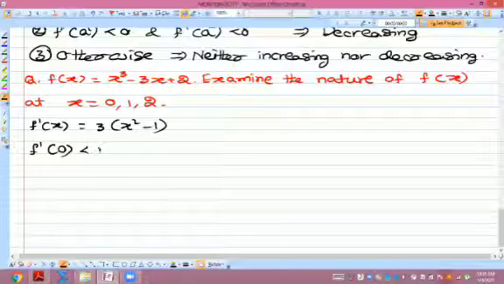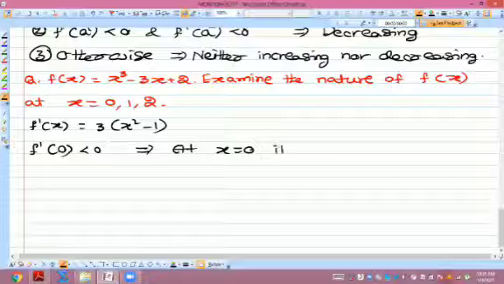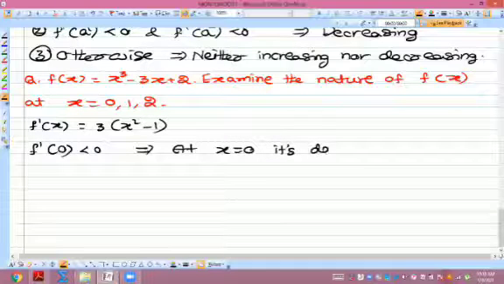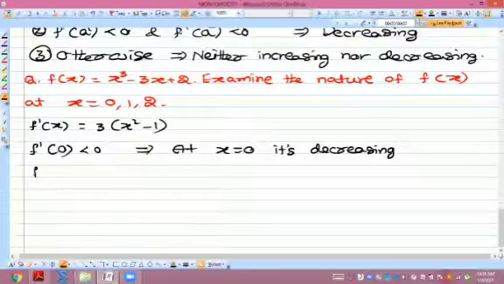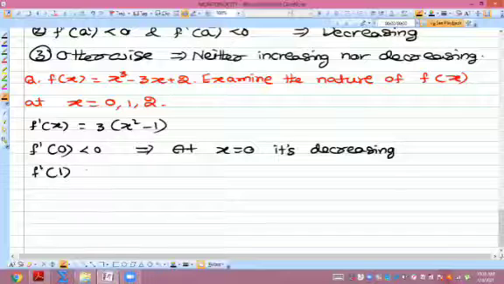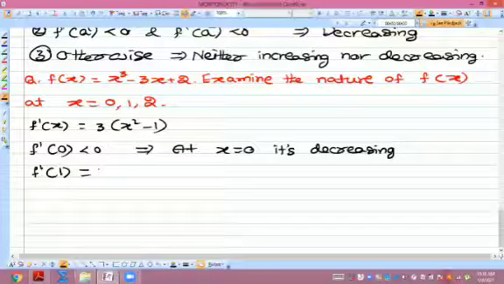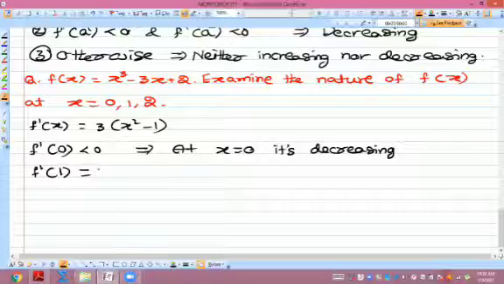So that means at 0 it is decreasing. Now in the same way, what is f dash of 1? Tell me, all of you. It's exactly 0.